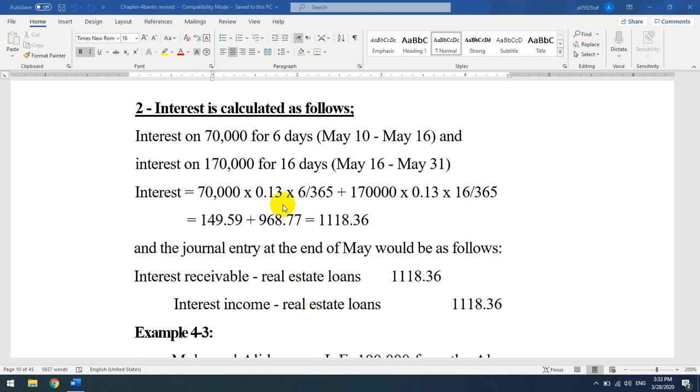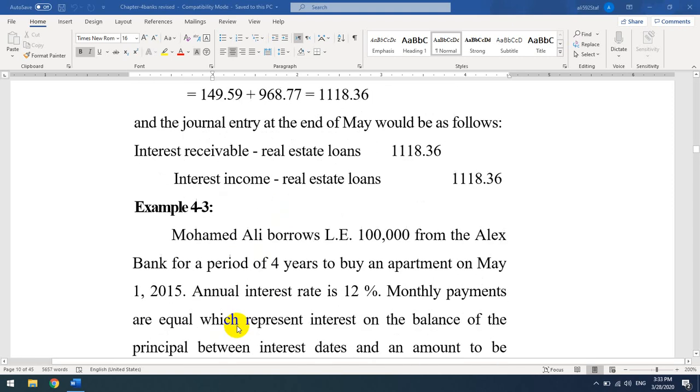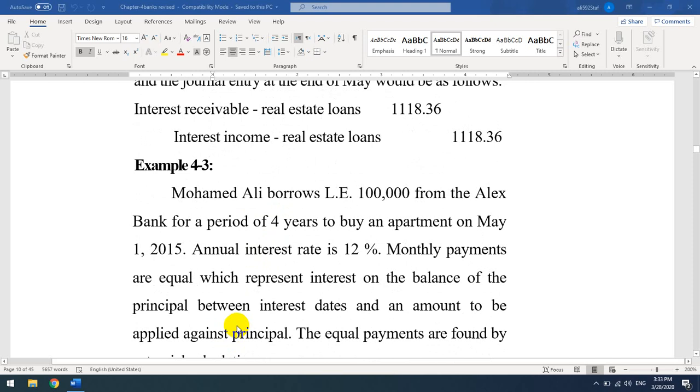This is an example of the first type of construction loan, which is a real estate loan. Now let us go to another example, but this example is on a mortgage loan.